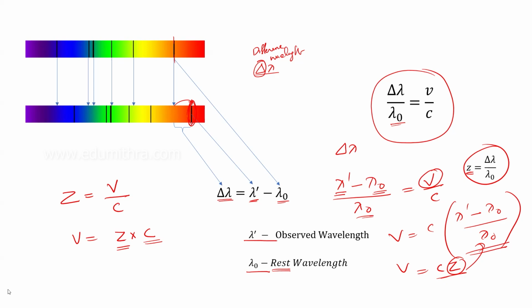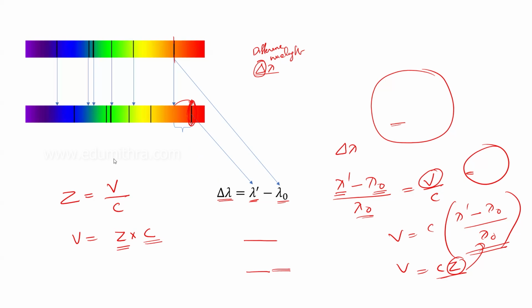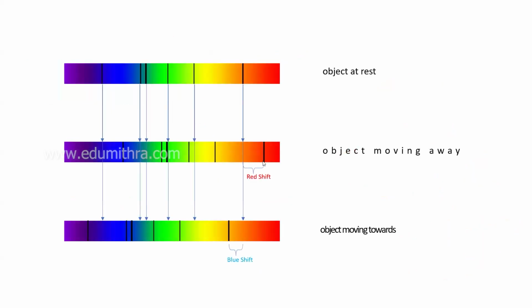I wanted to ask, how did you decide that in this question it was a redshift? Okay. Let's go back and see this. I will explain how I define whether it is a redshift or a blue shift. Before going to that, you can see this band of colors that starts from violet to red.